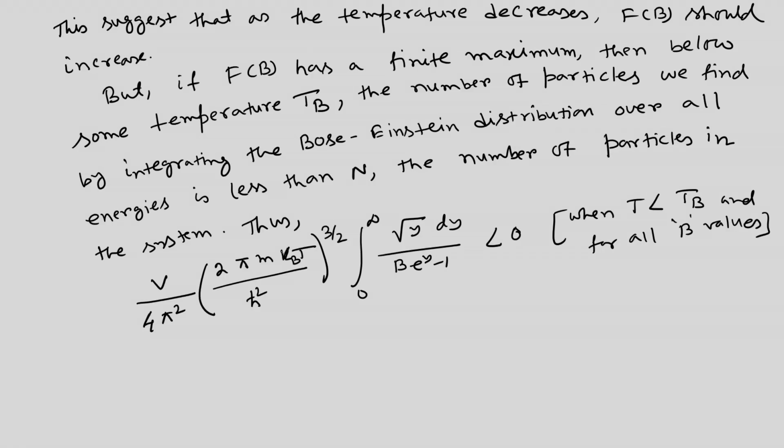So, in that condition, when T is less than Tb, and for all b values, we can write V by 4 pi squared times (2 pi m kT by h cross squared) to the 3 by 2, and then integral 0 to infinity root y dy by b e to the y minus 1 is less than n.